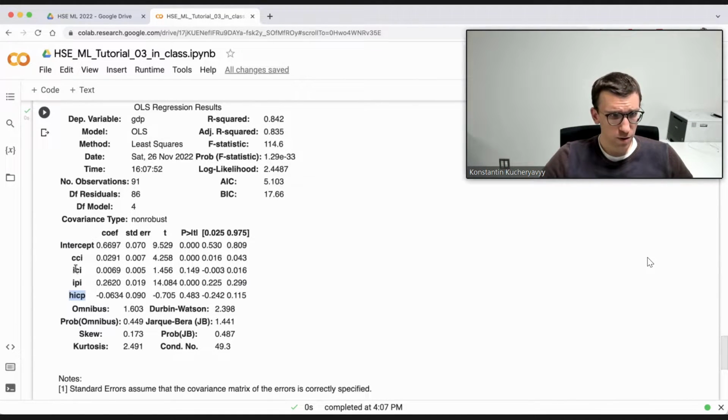But the good thing is that consumer confidence indicator is significant, which is again why this variable was introduced in the statistics a long time ago anyway. And the industrial production index is also known to be a good indicator of what's happening with GDP.